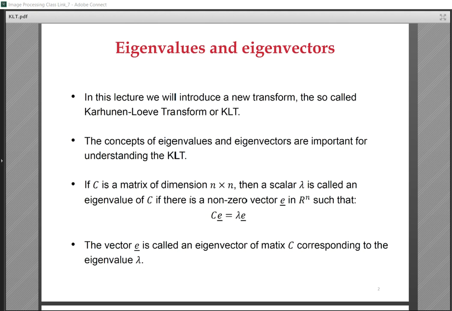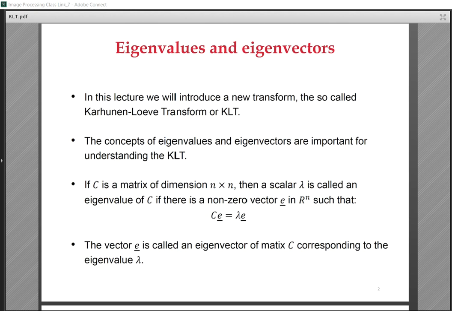But by definition, where we had CE equals lambda E, we call E the eigenvector and lambda the eigenvalue.